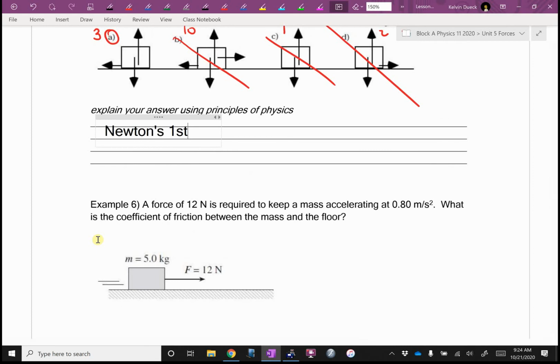Because somebody said third, which suggests to me they weren't quite sure. You could always have said unbalanced force will cause the acceleration. Only A has an unbalanced force to the left. And I would give you full credit. So if you paraphrase Newton's first law as a conceptual question, I will give you full marks. But if you knew for certain it was Newton's first, then I'm fine if you just write that down, drop the mic, and walk off.